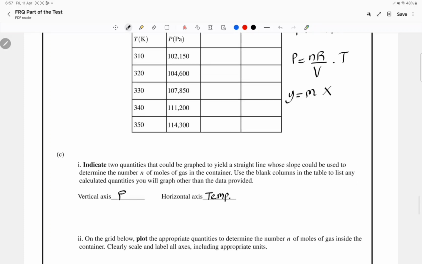On the grid below, plot the appropriate quantities to determine the number of moles inside. So look, the slope is going to be nR over capital V. And if we find the slope and we know R is a constant, we can find the n.